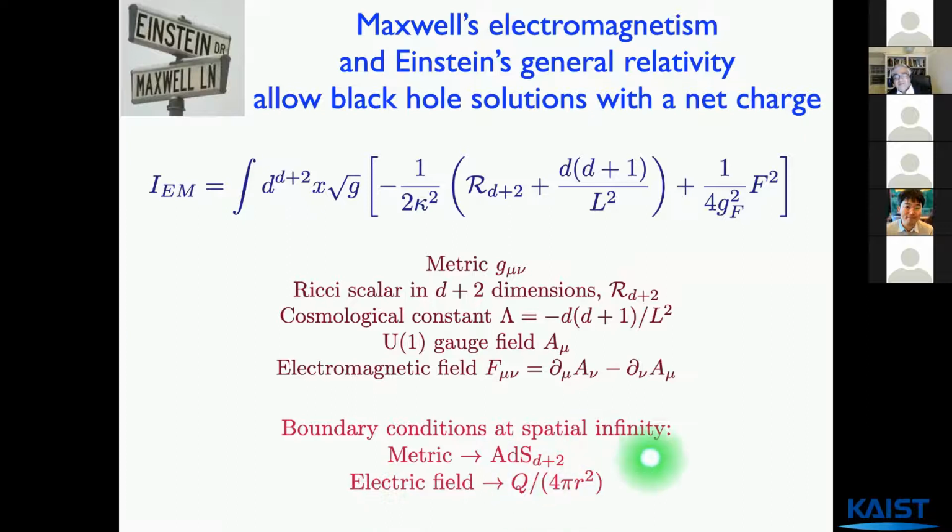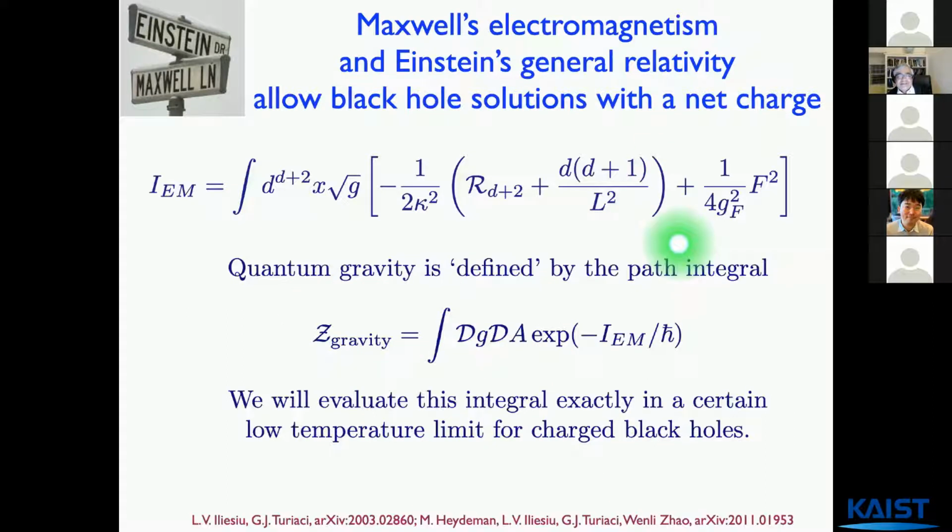And there's some net electric field going out, so there's a net charge somewhere in the center. With these boundary conditions and these equations, you can solve them. I hope you believe me that I actually did solve them, using various Mathematica programs. And once you have the solution, then you want to go to the path integral over the metric and the gauge field for this thing.